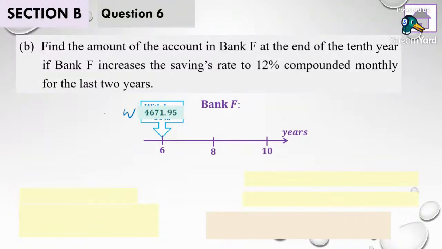This amount is the amount that we draw out from the other bank account. According to the question, you want to find the amount of the account in Bank F at the end of the 10 years. That means just now this is the end of the 6th year, and I want to know at the end of the 10 years, where the duration happens to be 4 years, or t equals 4.